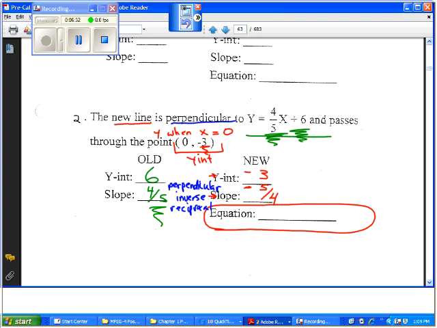Okay? Inverse, change the sign, flip it over. Reciprocal. So my new equation is y equals, my new slope, negative 5/4, x, and then my y-intercept, minus 3. Any questions on number 2? Okay? Very good so far.